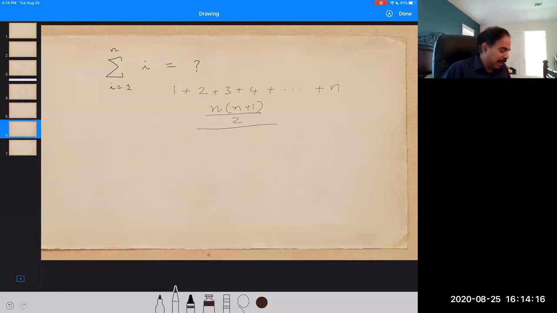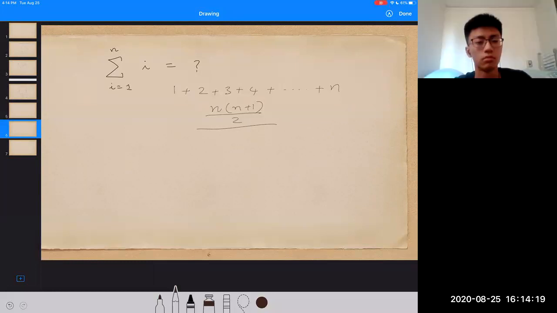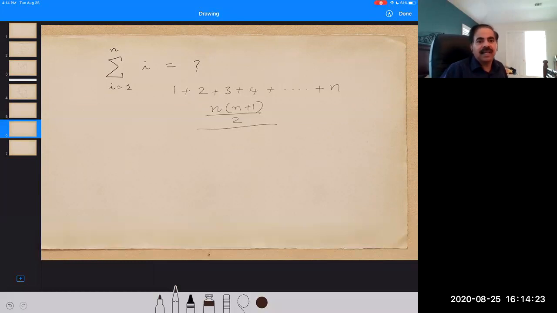I want to spend today on techniques that look interesting. Induction is a technique which is going to work on many theorems, and if you figure out how to use it, it's a systematic technique.